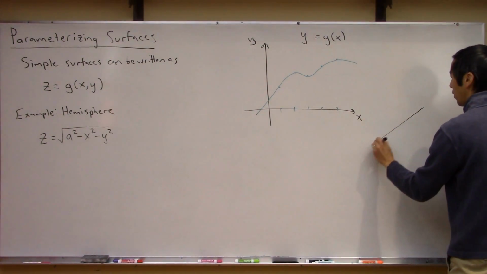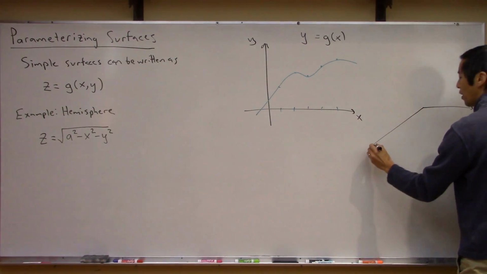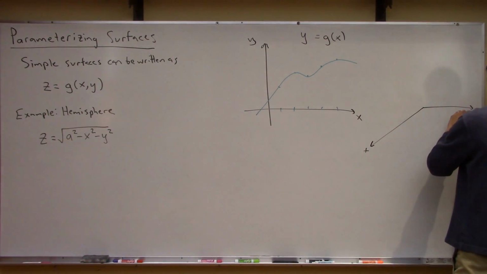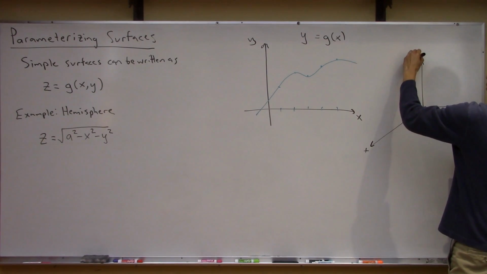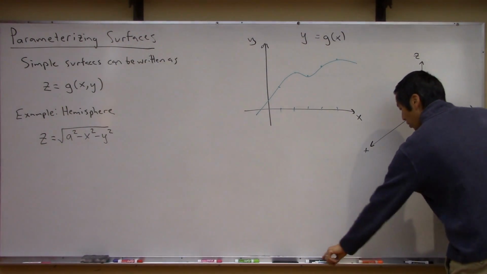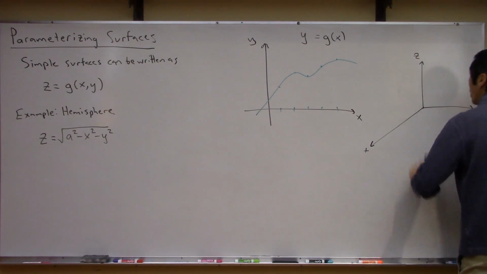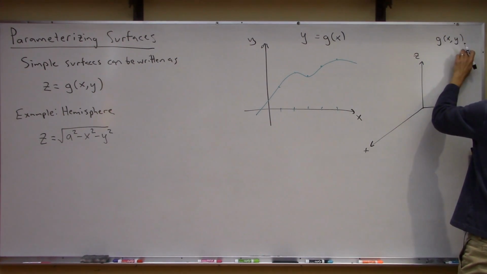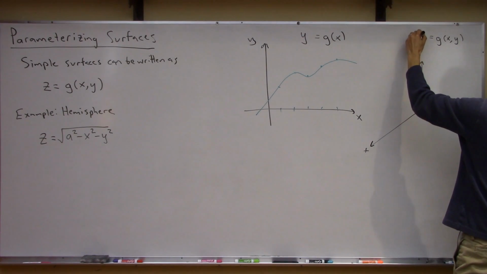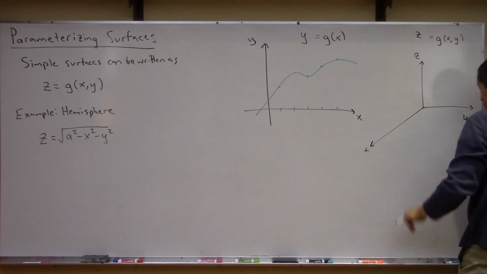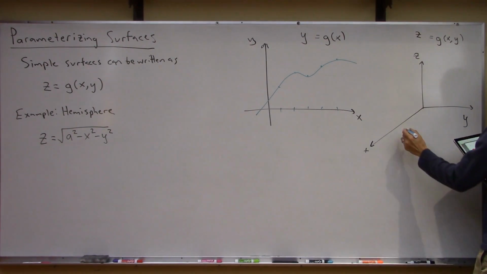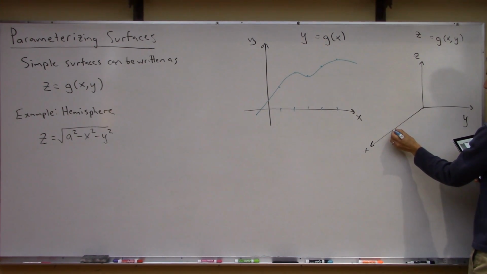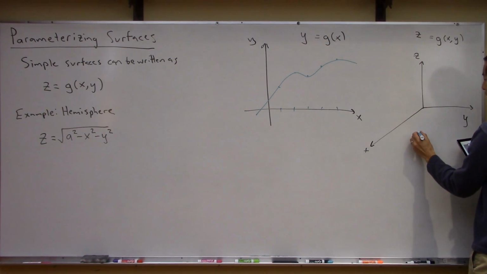Again, you might now have something like this, where you now have an x and a y axis, right? And now this function g is going to take in any x and y. These are your independent variables now, and this assigns a value z for a given xy point. So you come down here and say, okay, maybe I'm interested in this x location and this y location, so that gives me a point here.